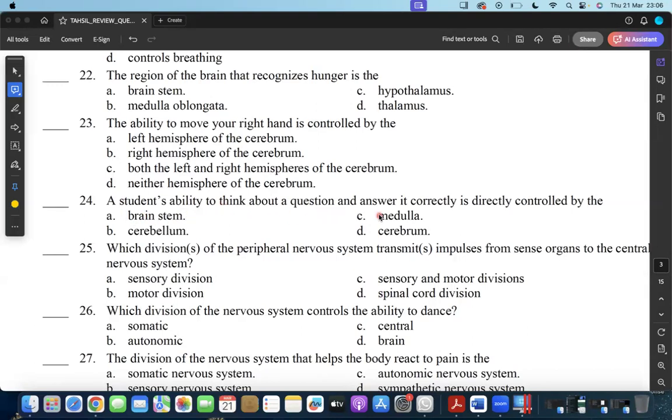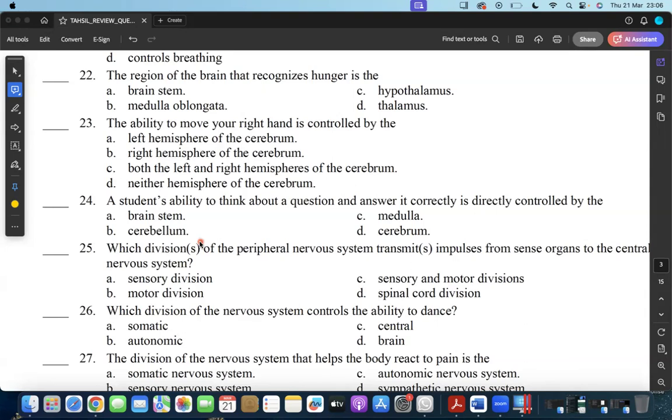A student's ability to think about a question and answer it correctly is directly controlled by which part of the brain? This is an ability to think about something right away and give an answer to it. It's not something that you do kinesthetically. You do not have to put things together. You just think about something and you immediately know the answer to it.